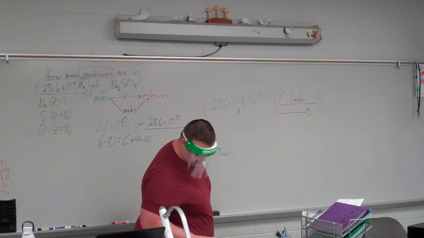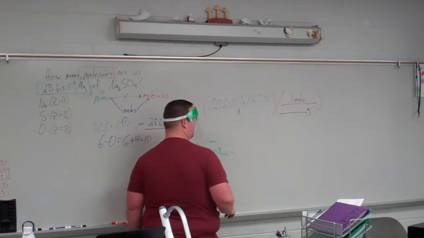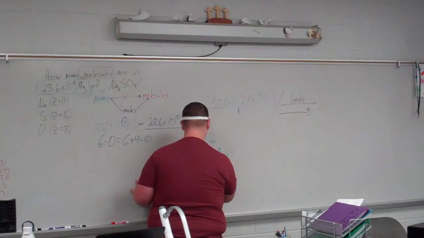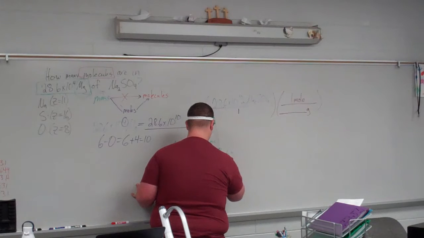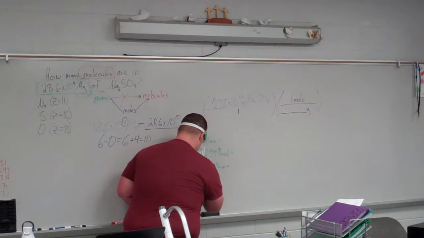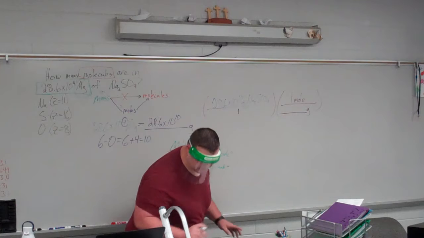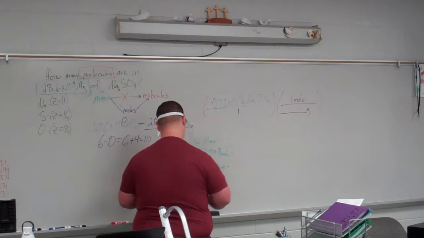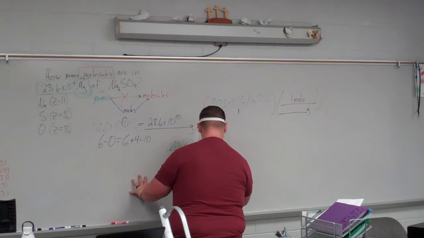Sulfur, 1 times 32.07 grams per mole. Then oxygen is 4 times 16.00 grams per mole.